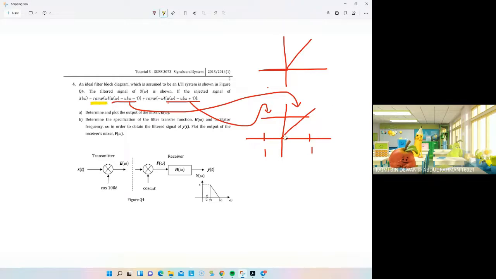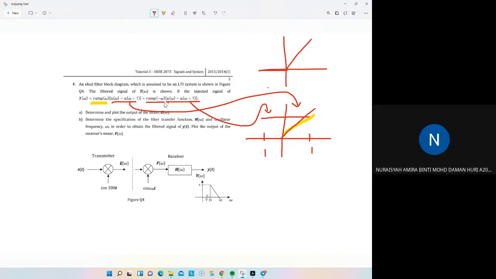So how about this? Do you guys know which is this? Rem of omega, rem of minus omega, where is it actually? What do you think? What operation happened to the signal compared to the rem? Time inverse?